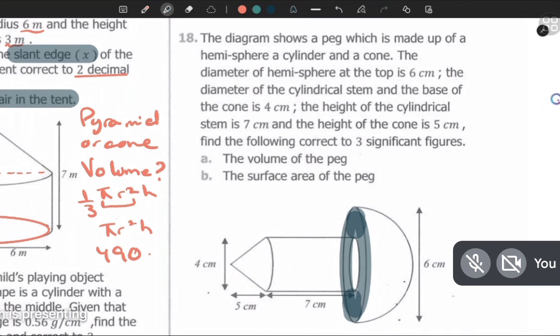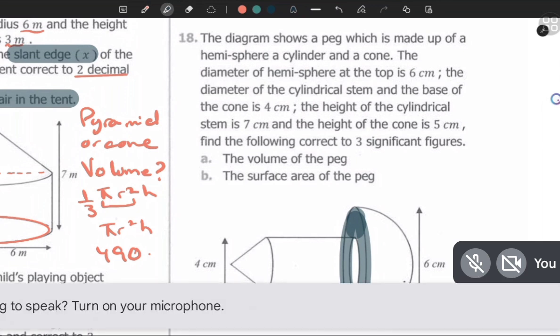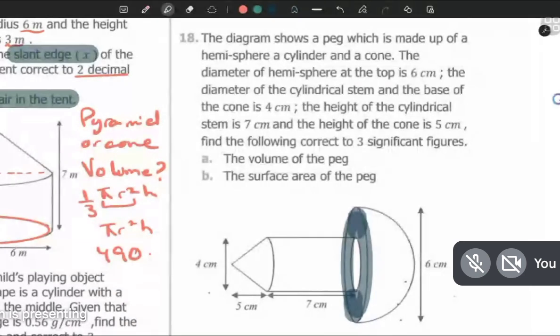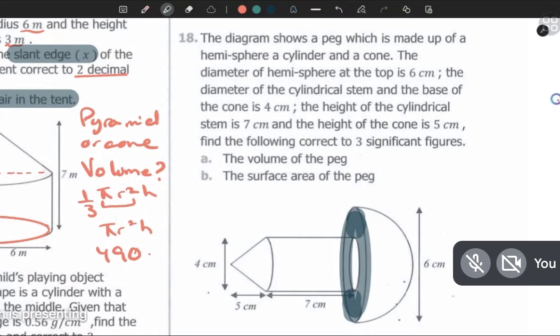Will the cone and the cylinder have the same radius? The cone and the cylinder will have the same radius, but the hemisphere will have a different one. Okay, sir.